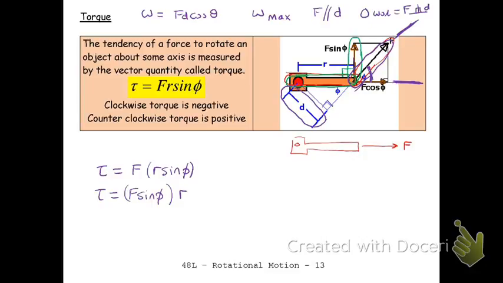For this, for maximum torque, I want F perpendicular to R. I'm calling it R, you could call it d, whatever. And for zero torque, I'd have F parallel to R.